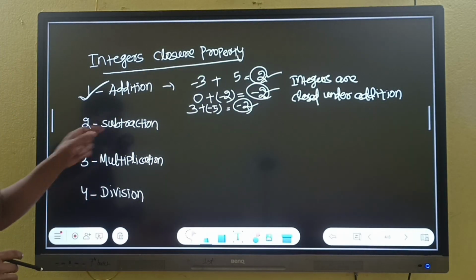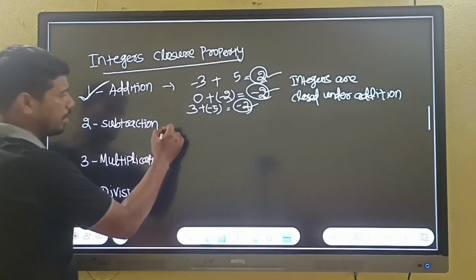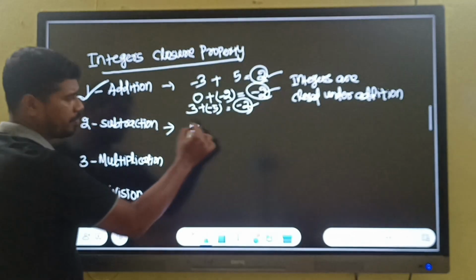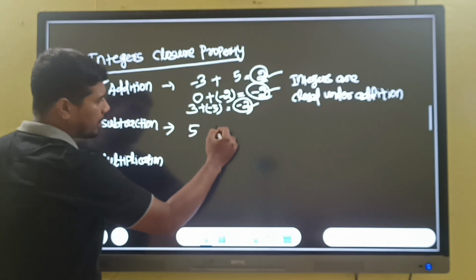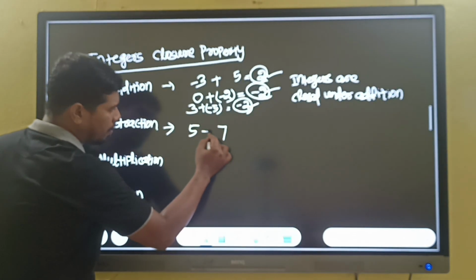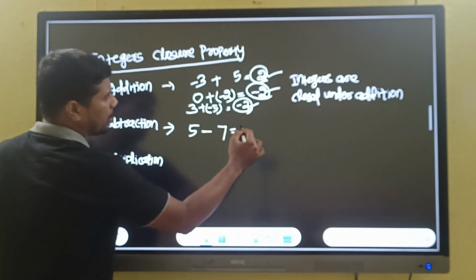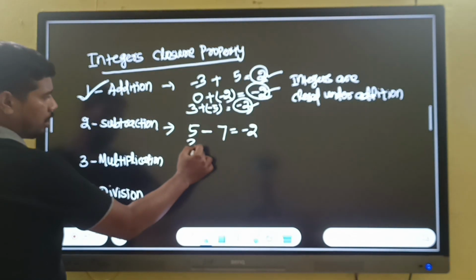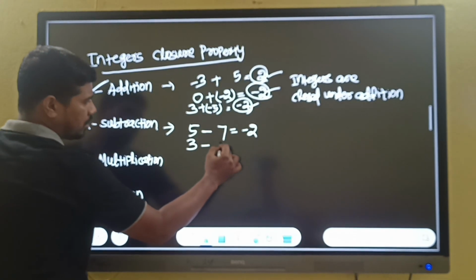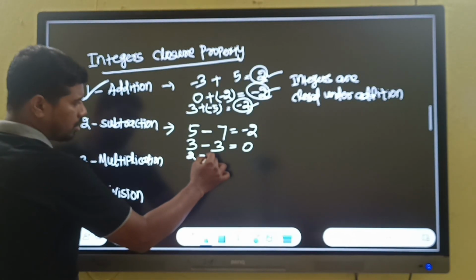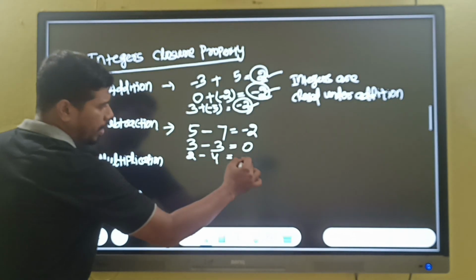Now we'll check subtraction. Let's take one integer 5, another integer 7. These two are integers. If you subtract 5 minus 7, the result is -2. 3 minus 3, the result is 0. 2 minus 4, the result is -2.